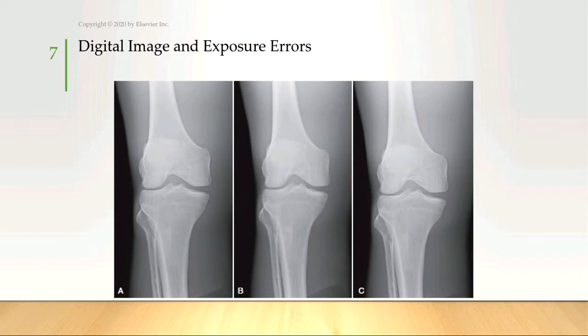And typically with that, even though we haven't gone completely over it, if there's another error present, typically a repeatable error, meaning that the patient moved, you put them in the wrong position, there's artifact on there that obscures the anatomy and you have to do it again.